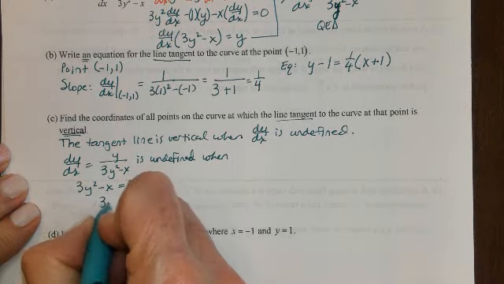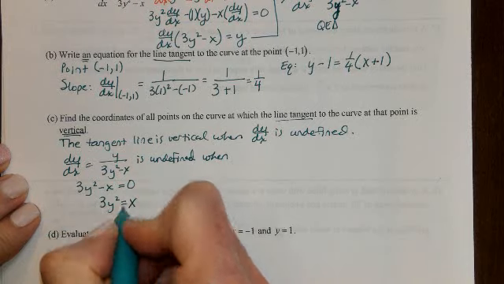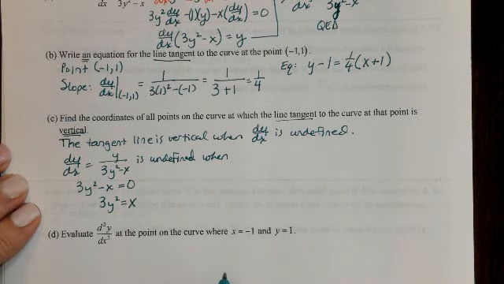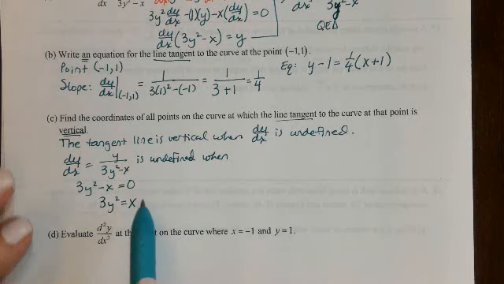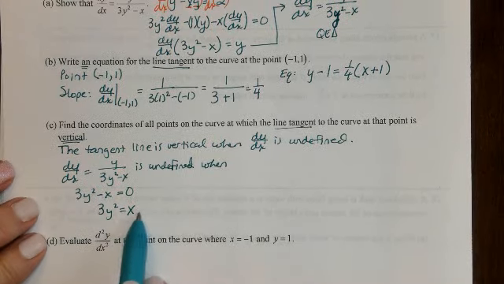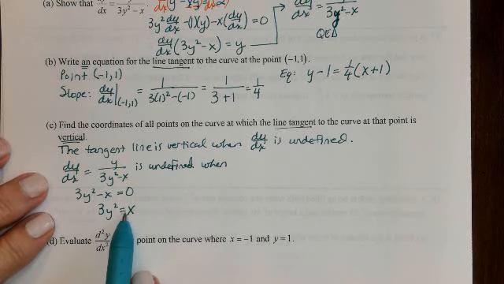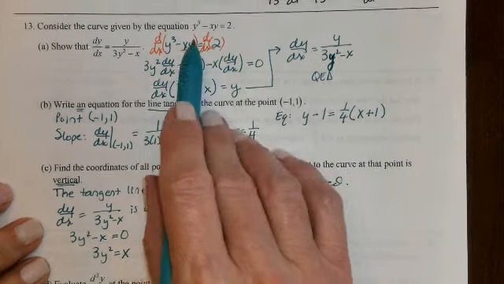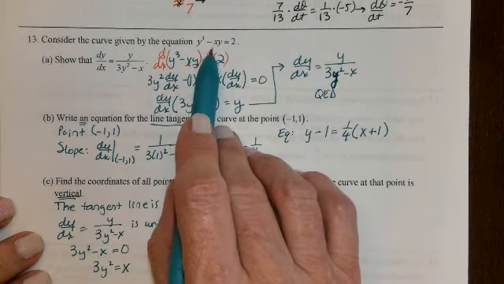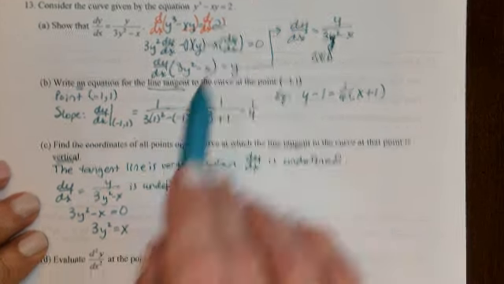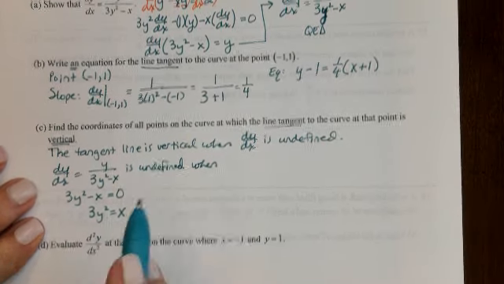So this gives me that 3y squared is equal to x. I need to find the points that make this true, right? So I'm looking around. I want to know how to solve this. So I'm looking at my problem. I know that's going to be true, but I also know that this is true, right? I know that that is true, and I want this to be true.